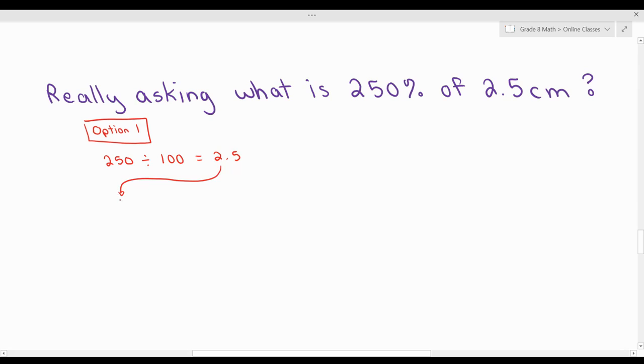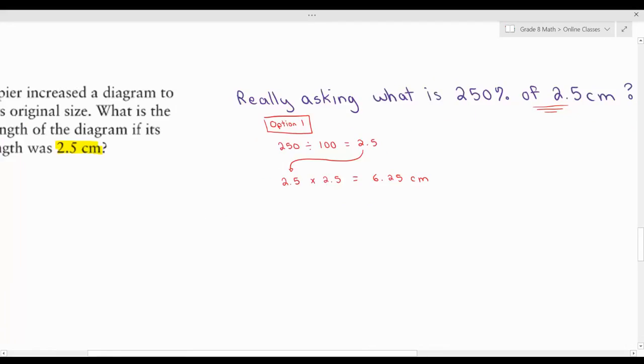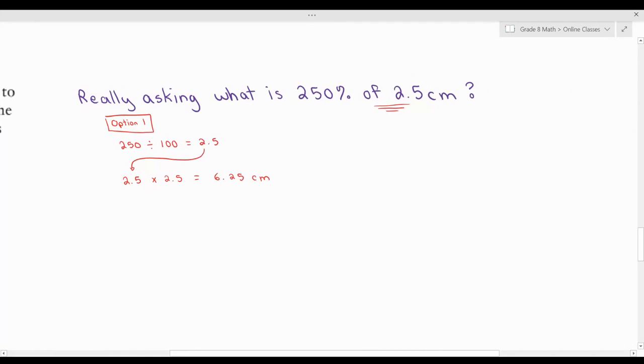Then I take that value, the 2.5, and I times it by whatever I'm trying to find the percentage of. So I'm timesing that by 2.5. So you're really finding 2.5 squared. And this will come out to 6.25, and that would be centimeters. And I don't think it said to round it. Yep. Okay, so that would be option 1.